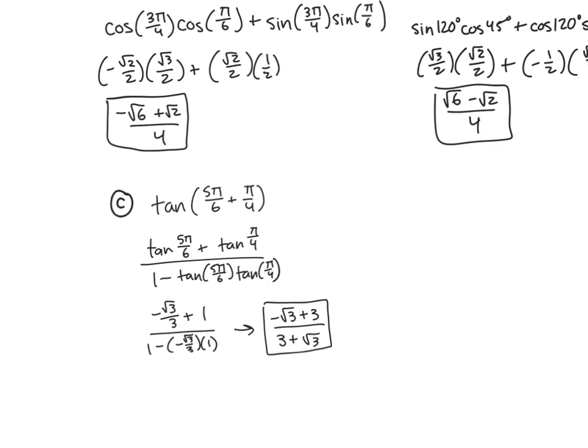So since we have this complex one, I would take that extra step of multiplying every single term in the numerator and denominator by 3. So this just becomes negative root 3, this becomes 3, this becomes 3, and this becomes positive root 3. So clear your tiny denominators by doing this last step, and then you can leave it like this for your final answer.